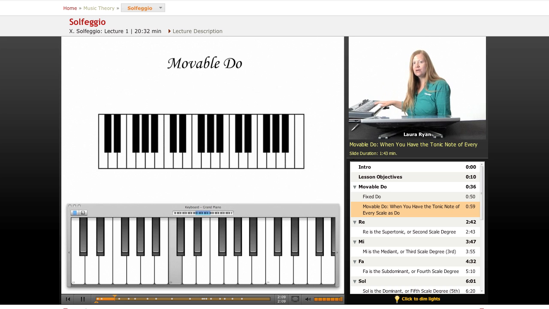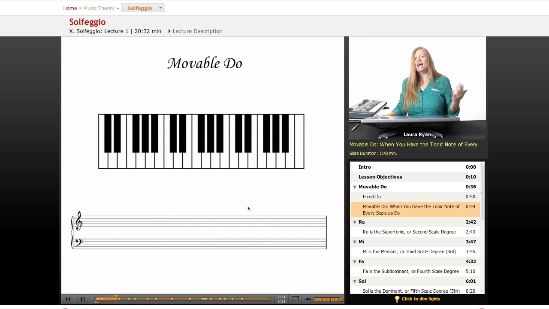Do, and sing it, do. If this is the first time for you, don't feel embarrassed. It takes a while to get used to the sound of your own voice and to get used to the sound of singing a major scale, but it will come, and it's really, really helpful when you're studying theory and understanding how the scale relates to itself.